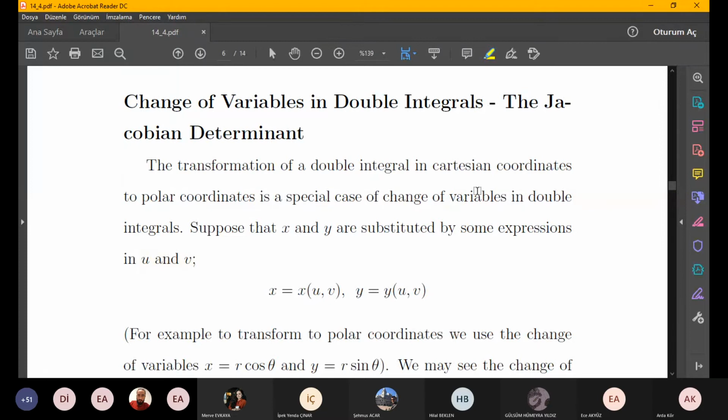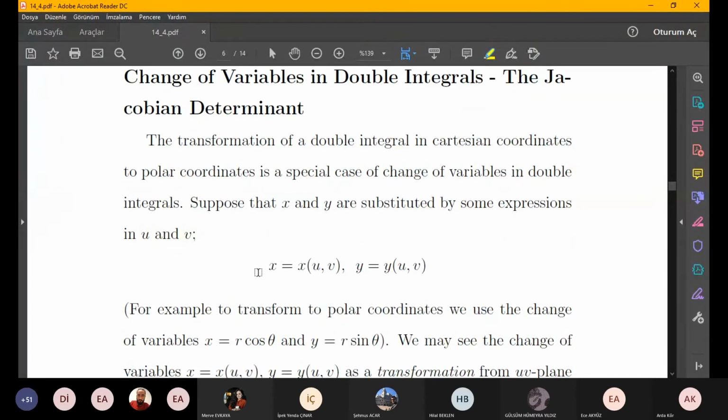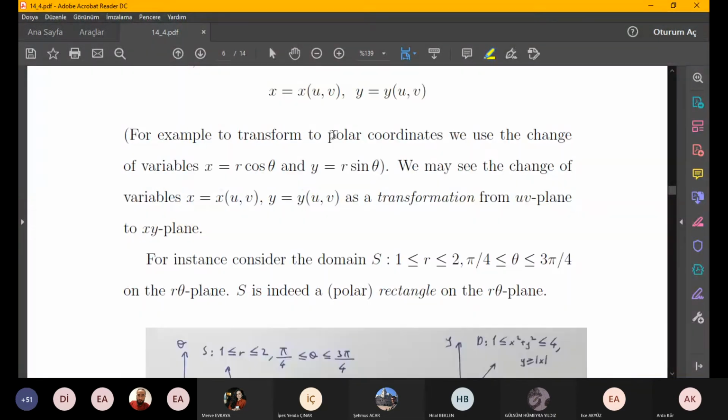If we suppose that x and y are substituted by some expressions u and v, so we try to write x as a function of u and v, and y as a function of u and v, as we did in the polar system in r and theta, like that. So we may see the change of variables as a transformation from the uv plane to the xy plane. Okay.